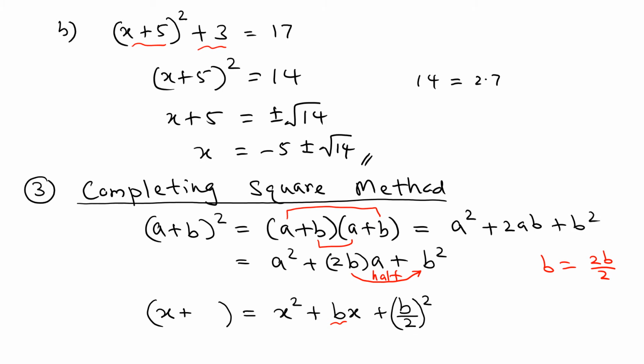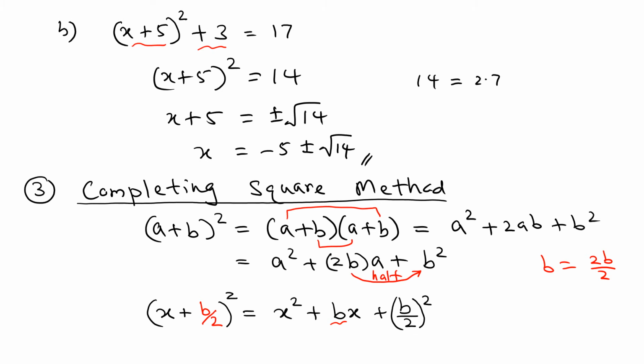And then you can see that term goes inside the parenthesis here, so we can write this as a complete square. This term is always half of b, and that term appears in two places. So this is b over 2 always.